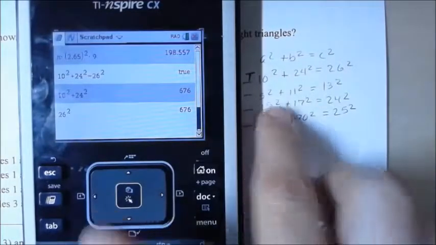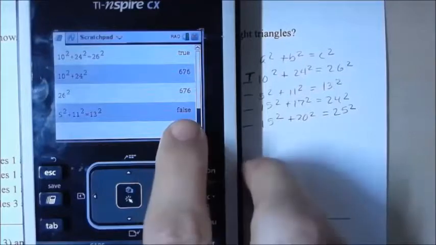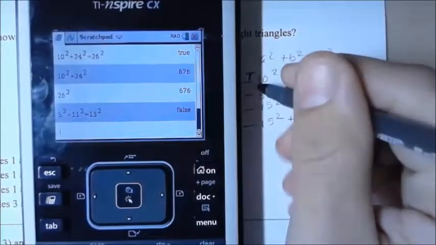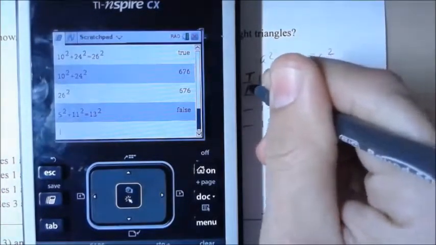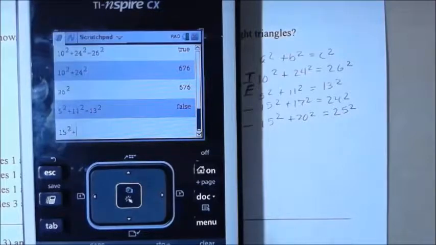So let's do the next one. We got 5 squared plus 11 squared is equal to 13 squared. And it says false. That means those two values are not equal. So I'm just going to write an F on my paper. The next one is 15 squared plus 17 squared is equal to 24 squared.